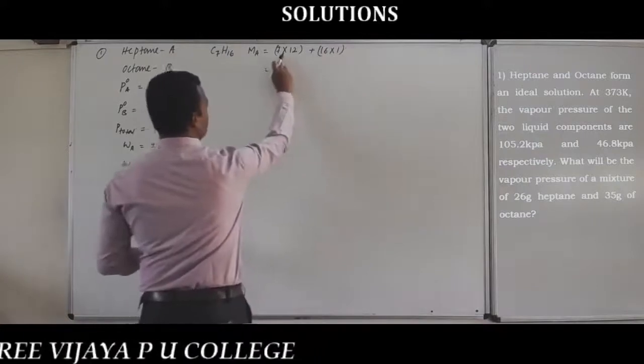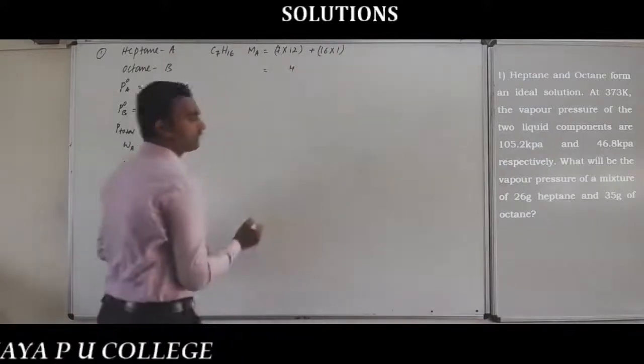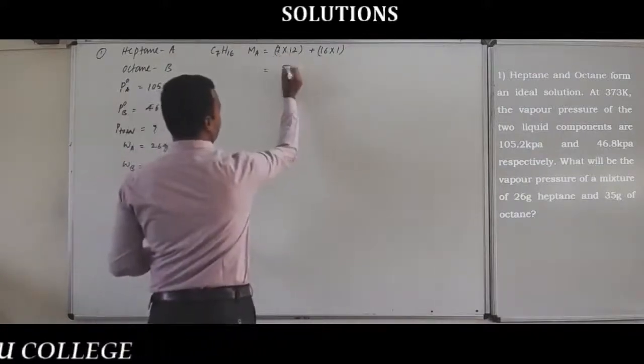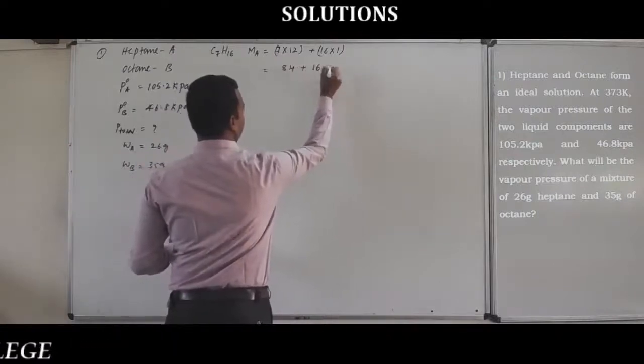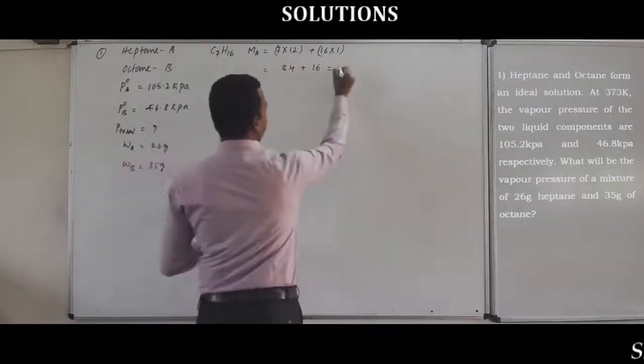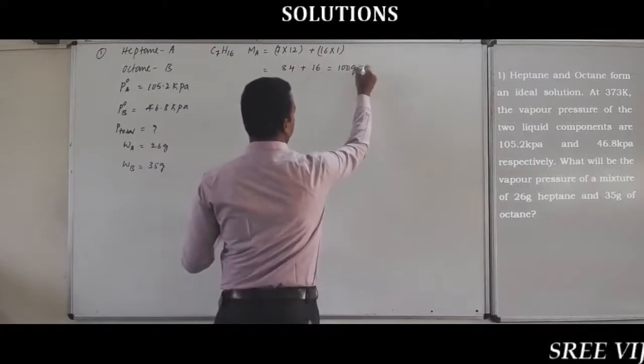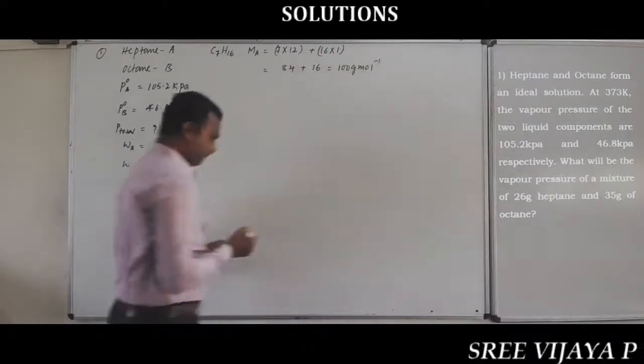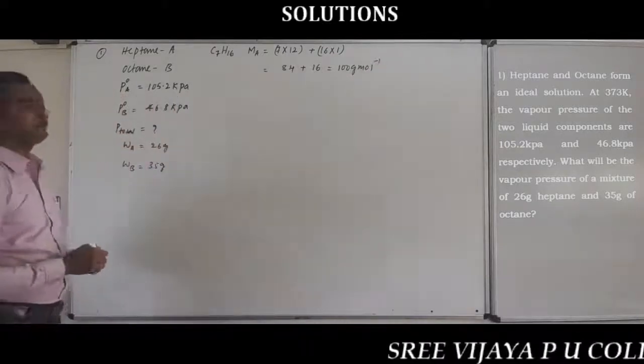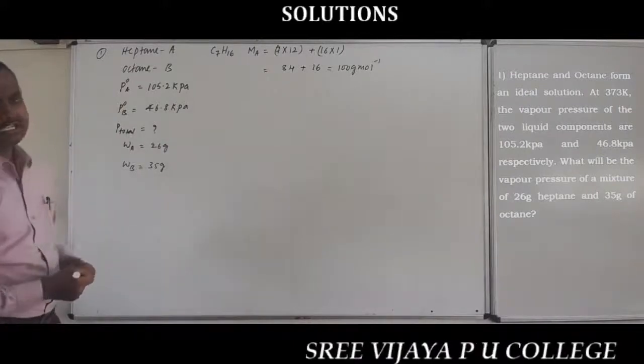That is 84 plus 16, which is 100 gram per mole, the molecular mass of heptane, C7H16.